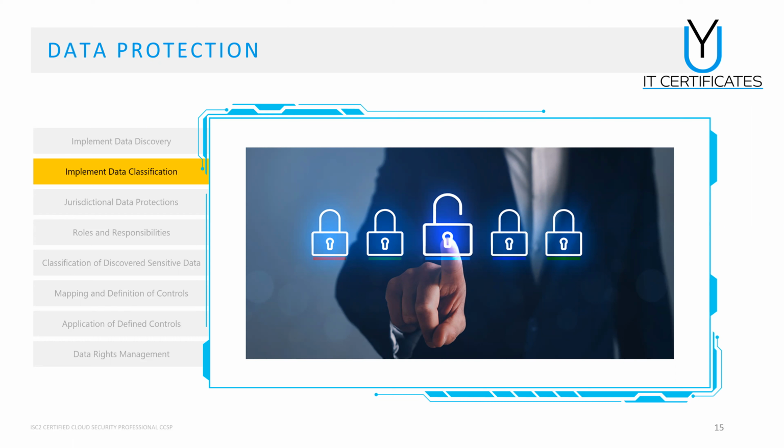And this classification, it will depend upon what? Upon the impact of this data if it's leaked or if the CIA of this data is affected, the confidentiality, integrity, and availability. How it will affect the organization from the point of view of financial loss, laws and regulations, legal fines, and so on.